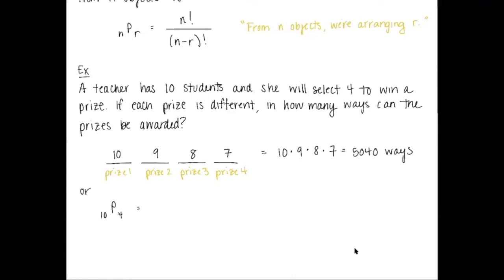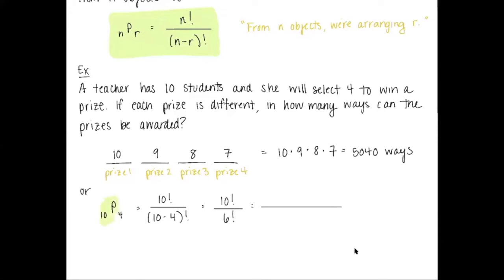Using our lovely formula we have up here, this is equal to 10 factorial divided by the difference of those two, 10 minus 4 factorial. So it's 10 factorial divided by 6 factorial. You can just plug this into a calculator at this point.